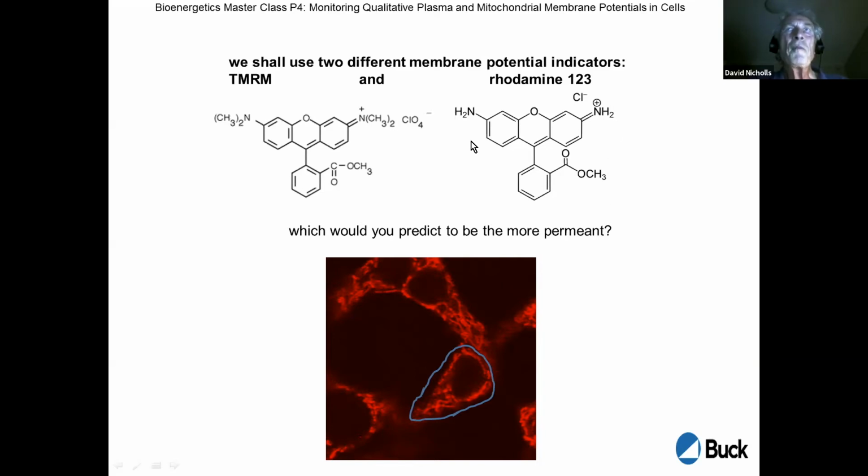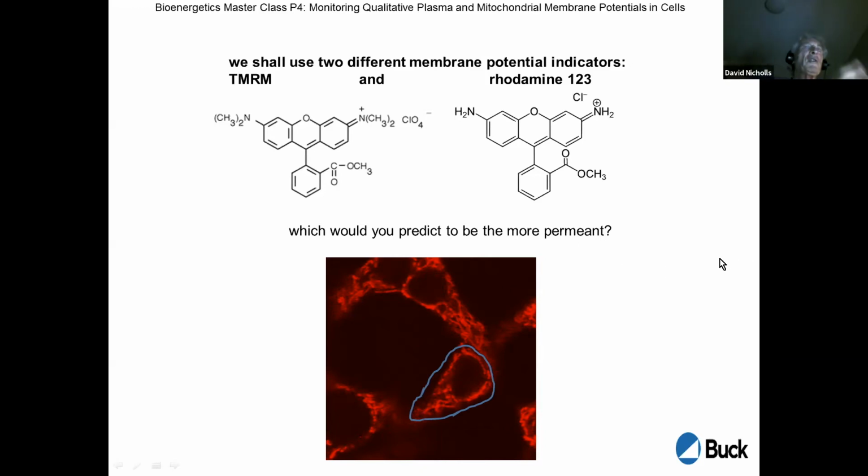And so rhodamine 1,2,3 is less hydrophobic than TMRM. Otherwise, they behave very similarly. And what this means is that rhodamine 1,2,3 takes about 20 times longer to equilibrate across the mitochondrial membrane than does TMRM. And this is really important because it's going to affect how we design experiments and how we, for example, do the loading and the equilibration.